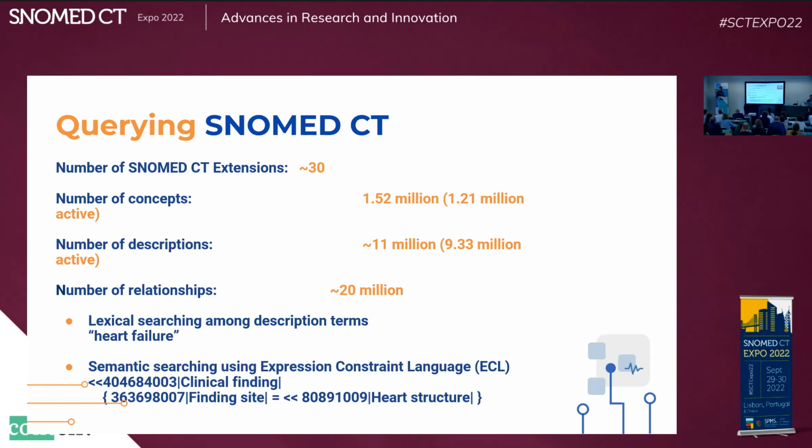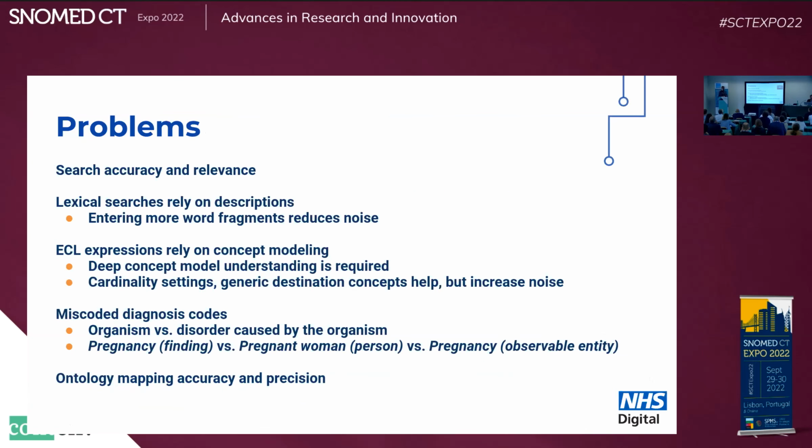But these do not always produce the correct results, especially when it comes to keyword search. In some cases, you just don't have the capability of returning something that has the same meaning. The accuracy and relevance in our tooling and how we produce those results are quite relevant for the clinicians in the hospitals or the GPs.